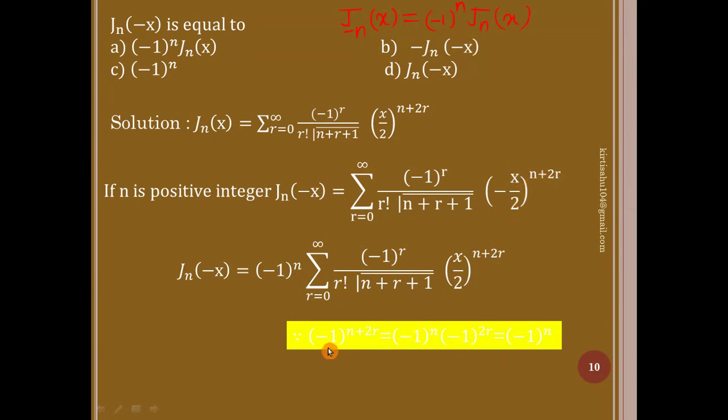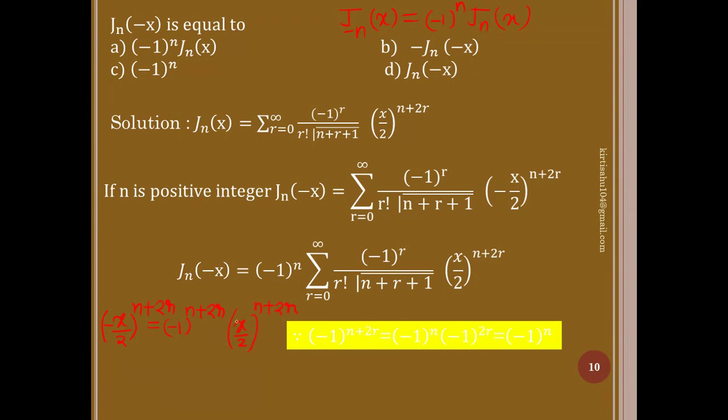So see here, I'll write it here: minus x by 2 raised to power n plus 2r. This can be written as minus 1 raised to power n plus 2r, and then x by 2 raised to power n plus 2r.